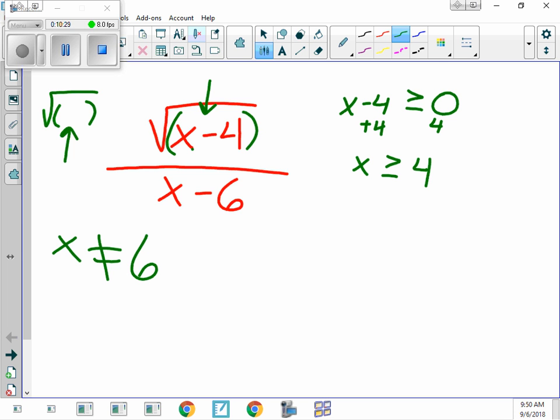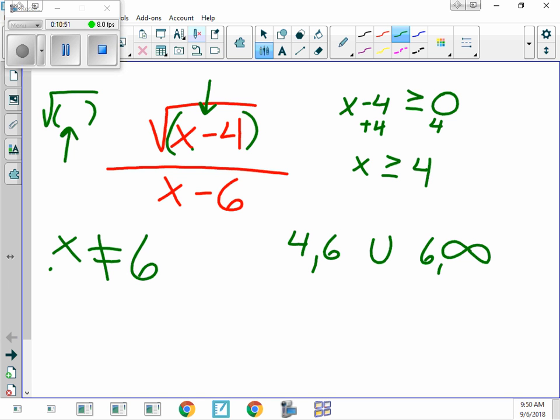So what's the domain in interval notation? It's not actually 4 to infinity because of this. 4 to 6 union with 6 to infinity, and then we just have to figure out the symbols.